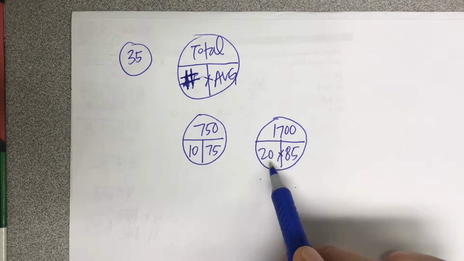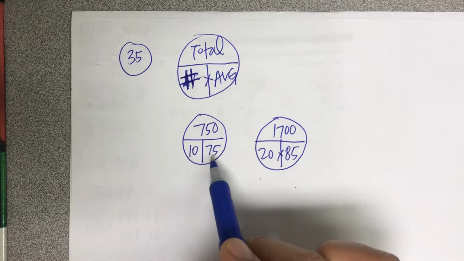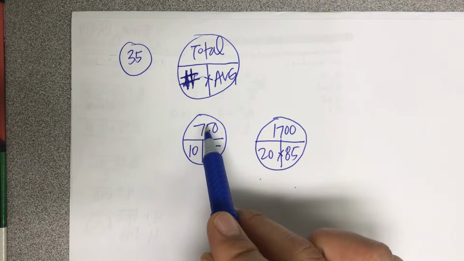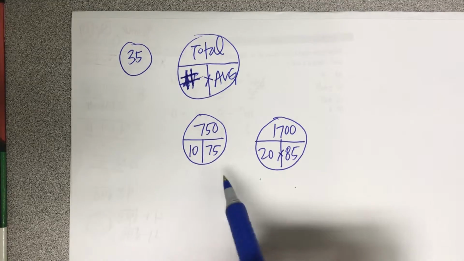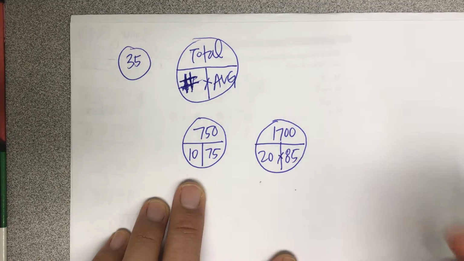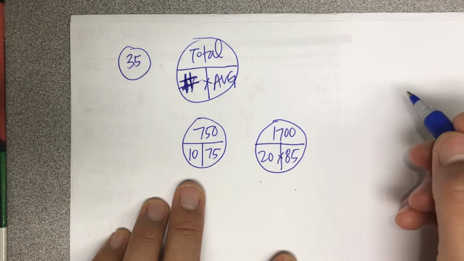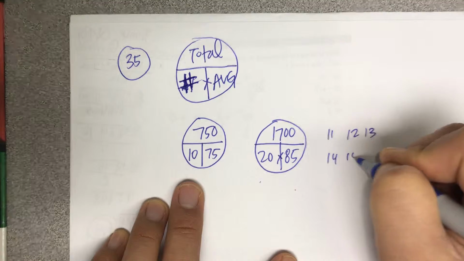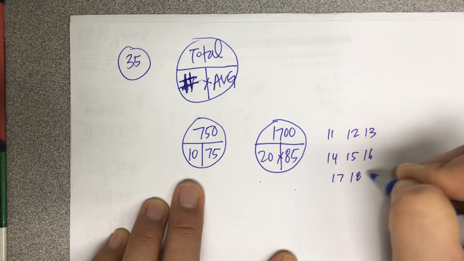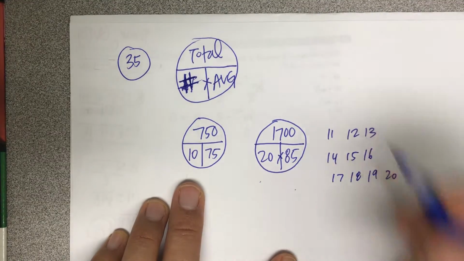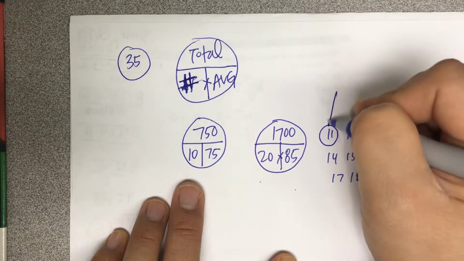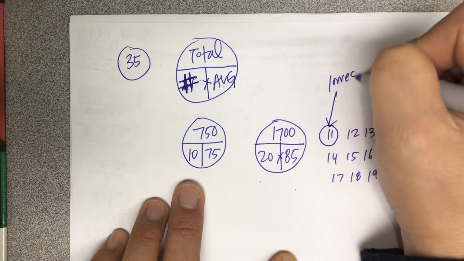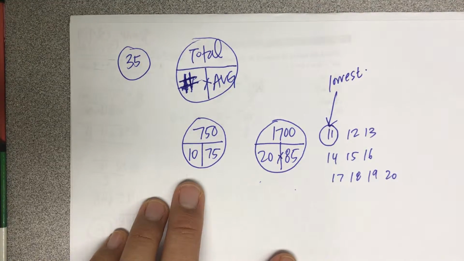We know that out of the 20, 10 of them got 75 and have 750. So if you want to know about 11, 12, 13, 14, 15, 16, 17, 18, 19, and 20, I'm just going to write those out. We want to know what is the lowest score that we could get for the 11th rating.